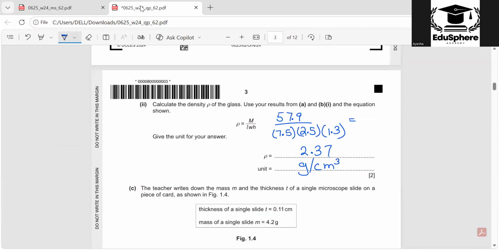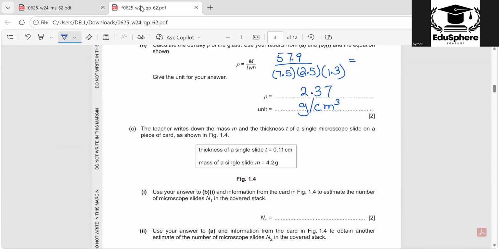Next, moving on to the next part, the teacher writes down the mass and the thickness of a single microscope slide on the card. The thickness of the single slide is 0.11 centimeter and the mass of the single slide is 4.2 grams. Use your answer in B part 1 and the information from the card.